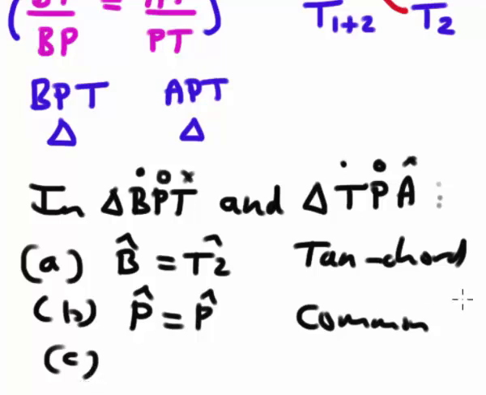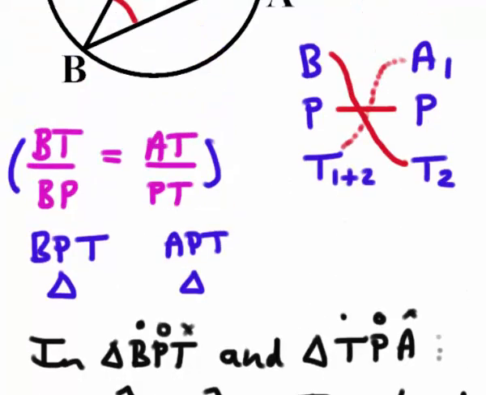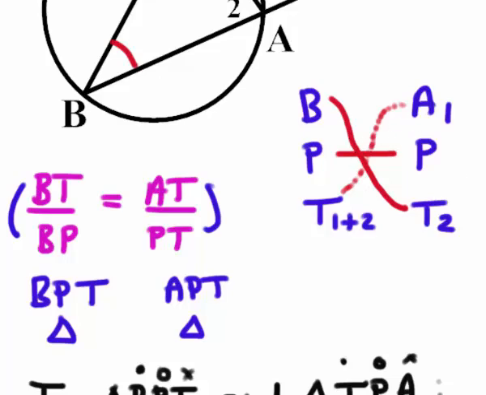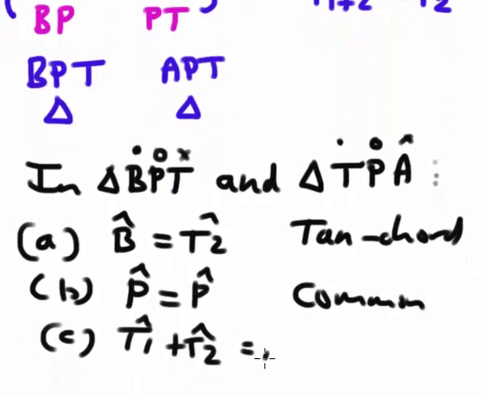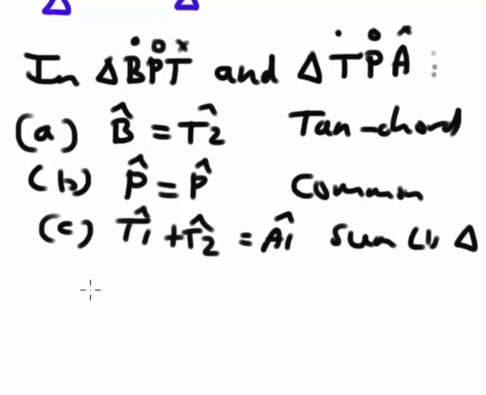And the third one would be T1 plus T2 is equal to A1 there. That's the weakest link, A1. And that we just do from the sum of the angles of a triangle. Okay, and then we can conclude that the triangles are similar.